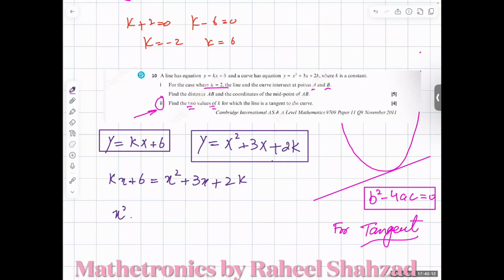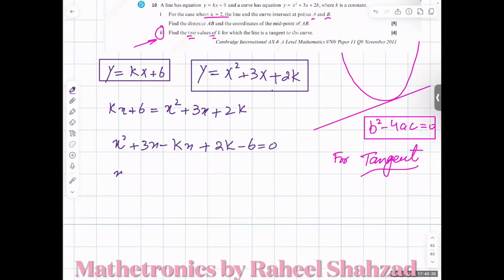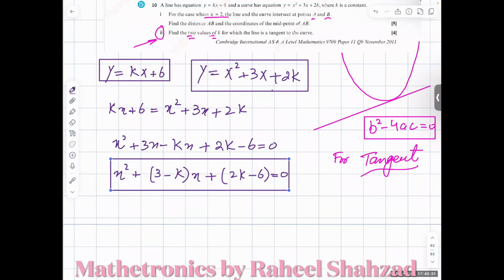That is x square plus 3x minus kx plus 2k minus 6 is equal to 0, so x square plus (3 minus k)x plus 2k minus 6 is equal to 0. Is it clear up to here? We just substituted linear into quadratic. That's it.